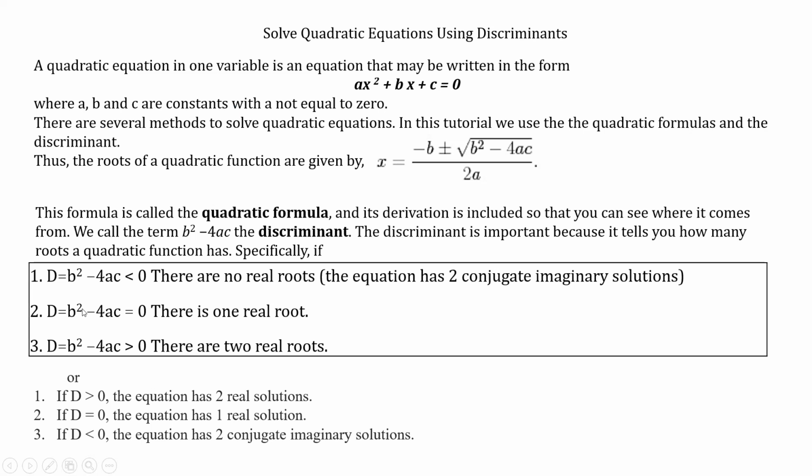If the value of the discriminant is equal to 0, there is one real root. And if the value of the discriminant is greater than 0, there are two real roots of the given quadratic equation.